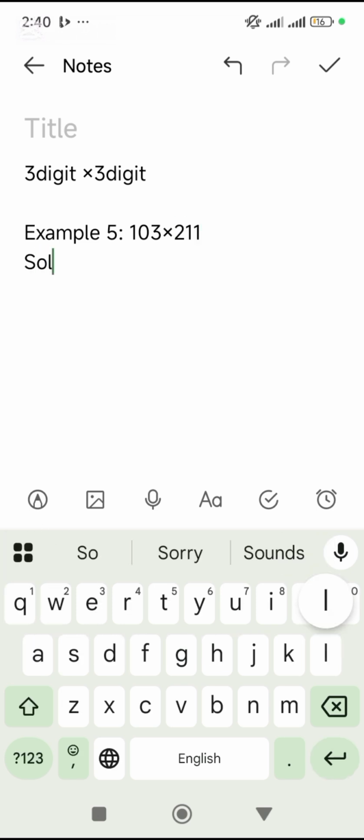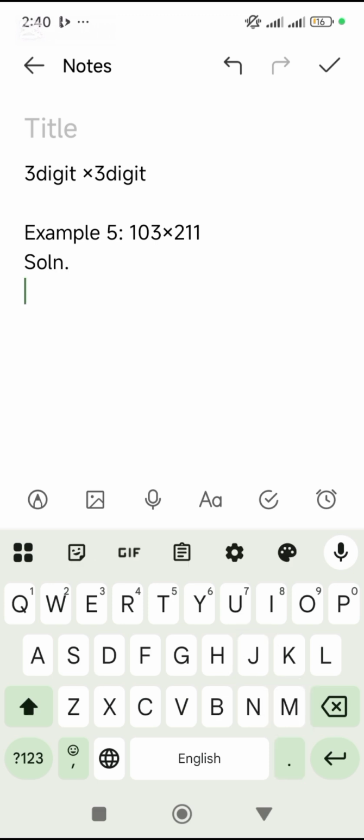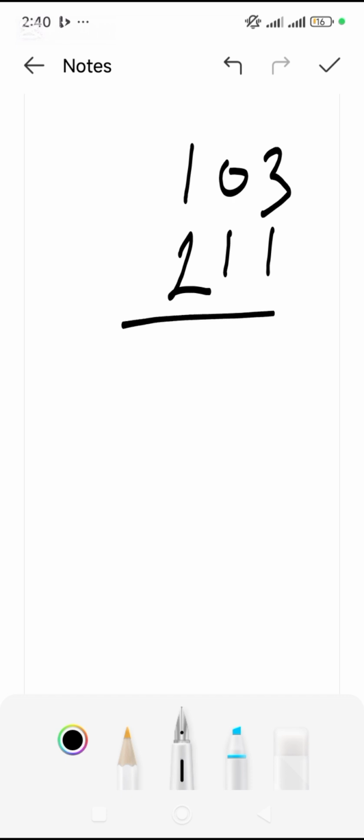Solution. 103 times 211. Multiplication. This is going to be long.